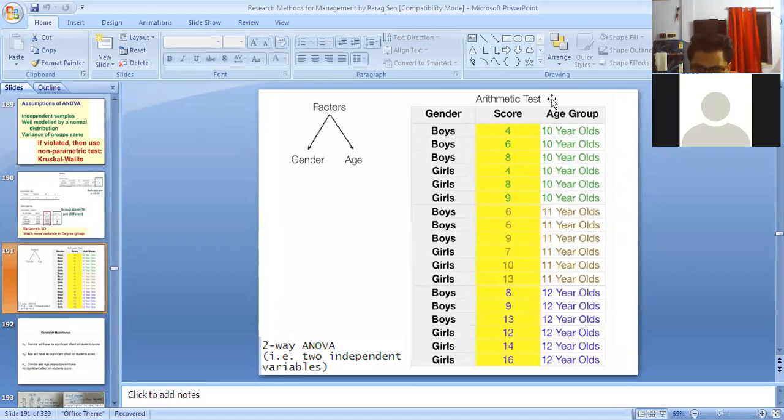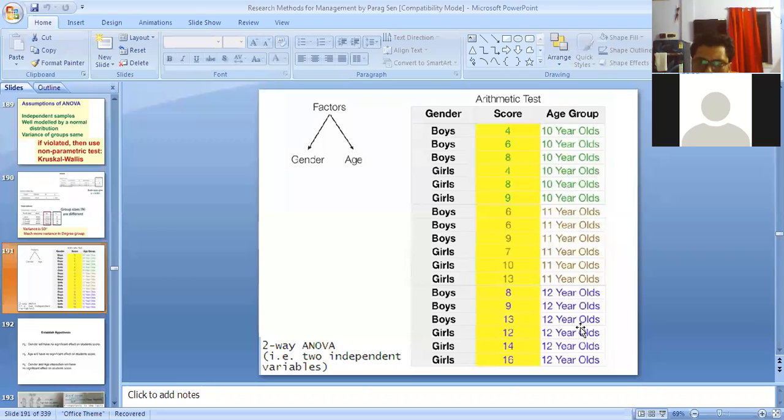Since there are 2 independent variables, it is termed two-way ANOVA. If there are 3 independent variables, it will be termed three-way ANOVA. If there are 4, it will be termed four-way ANOVA. But the dependent variable will be only one.